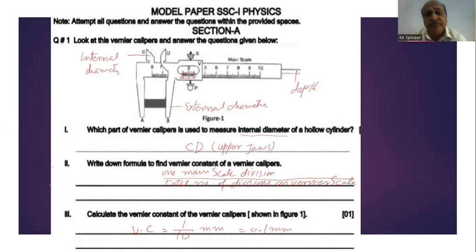It has 10 vernier divisions, so 1 main scale division, 1 divided by 10. If there are 15 divisions on the vernier scale, then the vernier constant will be 1 by 15. If there are 20 divisions, then it will be 1 by 20. You just have to divide 1 main scale division by the total number of divisions on the vernier scale.